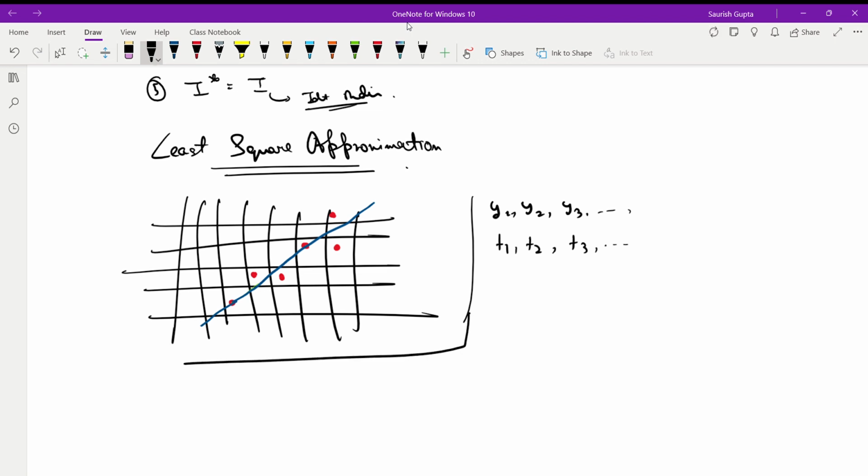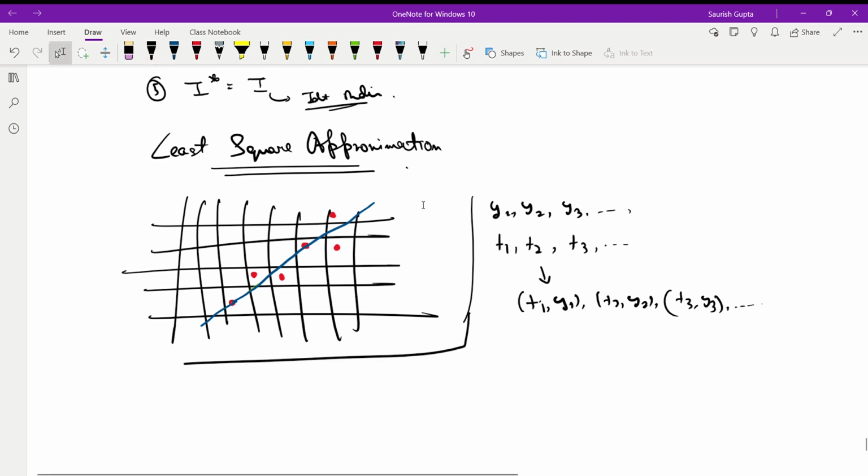When we plot a physical quantity depending on time, the usual method is that we take time along the x-axis and the physical quantity along the y-axis. So I coordinate them as (t1, y1), (t2, y2), (t3, y3), and so on.